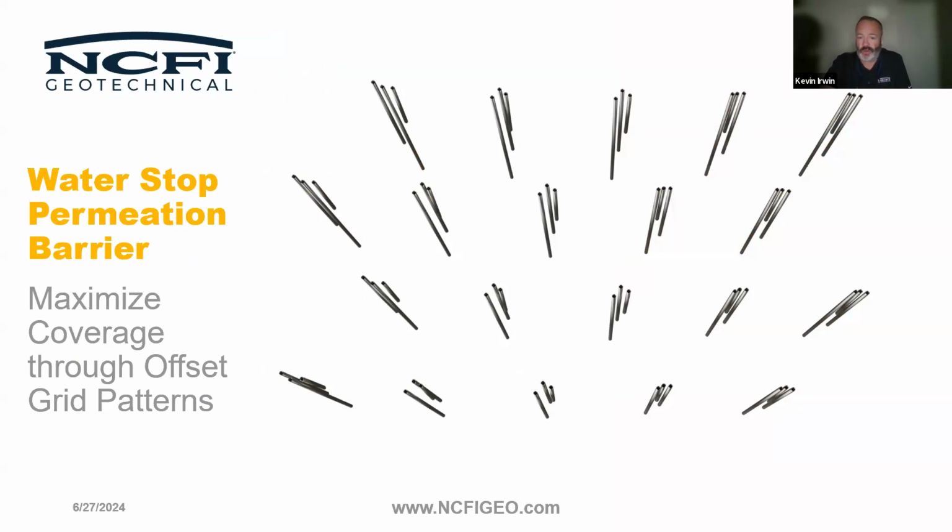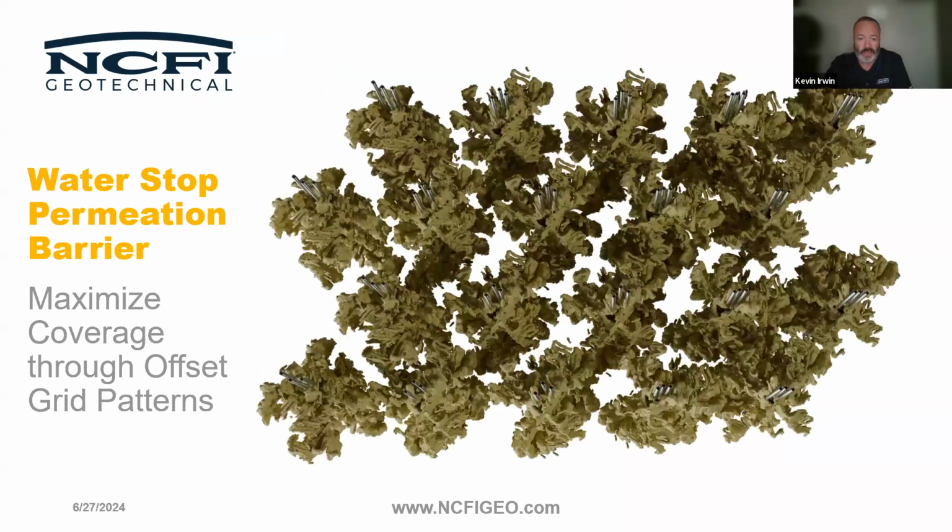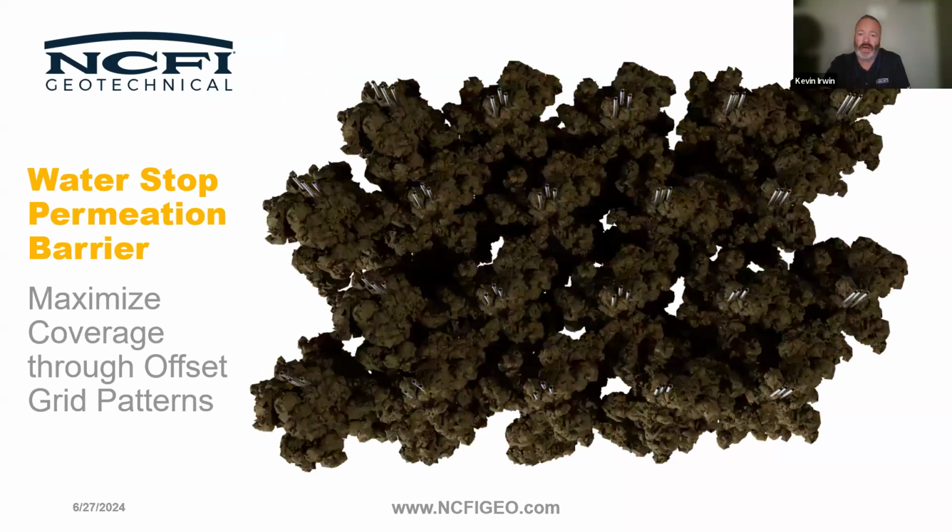You can use an offset grid pattern, running W, running V type formation, to maximize your coverage. There are various ways to design that. But again, the coverage is what we're gunning for, and it's all going to depend on how close together, how far apart our injections are.